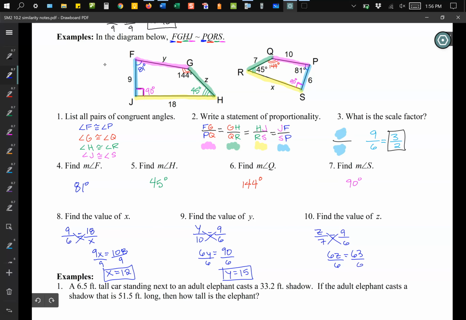Divide by 6. z equals, both can be divided by 3. That gives you 21 halves, or 10.5 if you want a decimal. Either one.